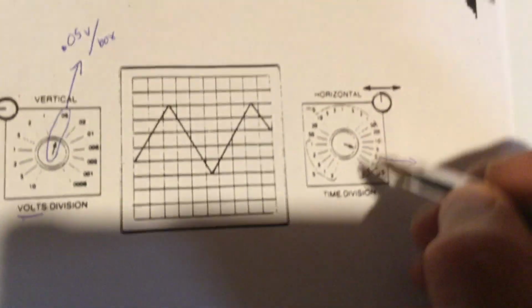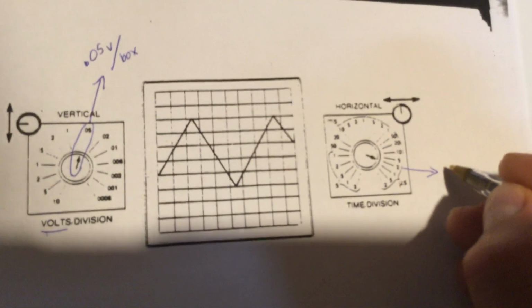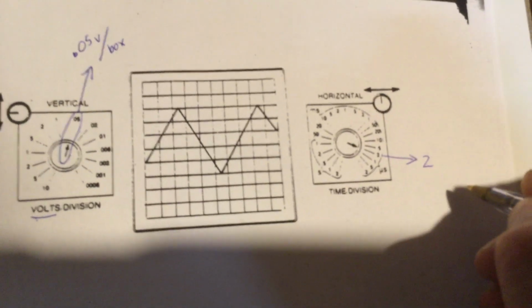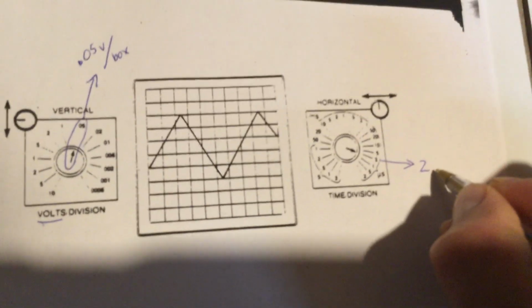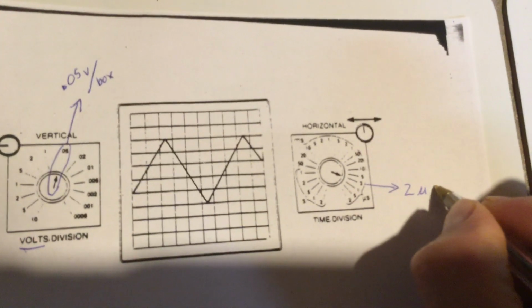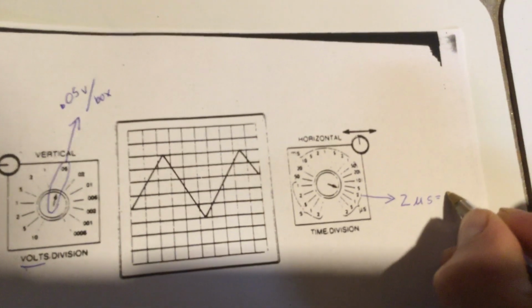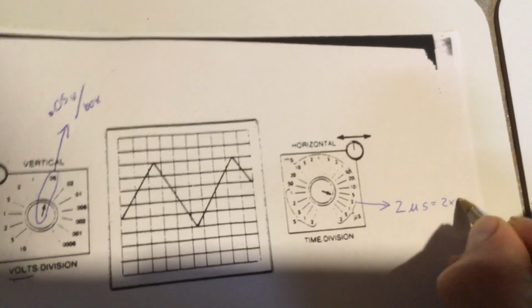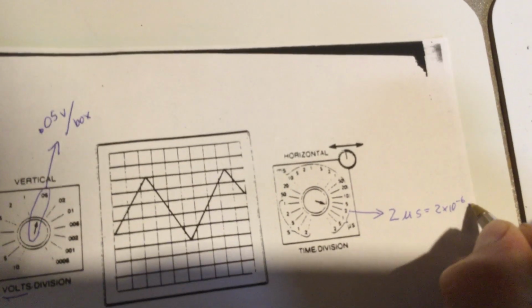The other side here is pointing to a 2, so you immediately think, oh, it means that each box is worth 2, but there's a unit here, looks like a funny looking U, which is called a mu, Greek letter mu seconds. What that means is 2 times 10 to the negative 6 seconds.